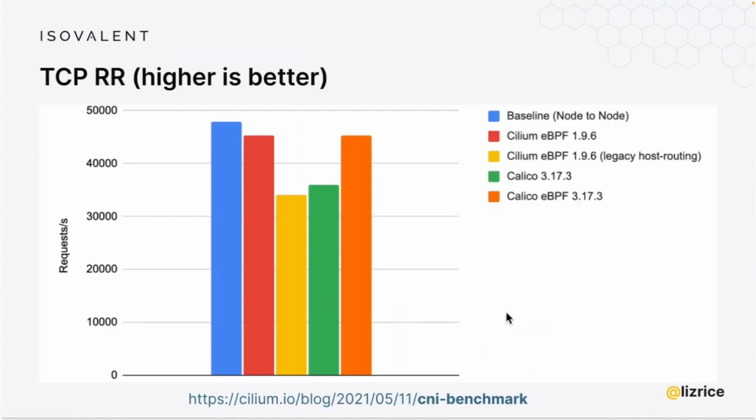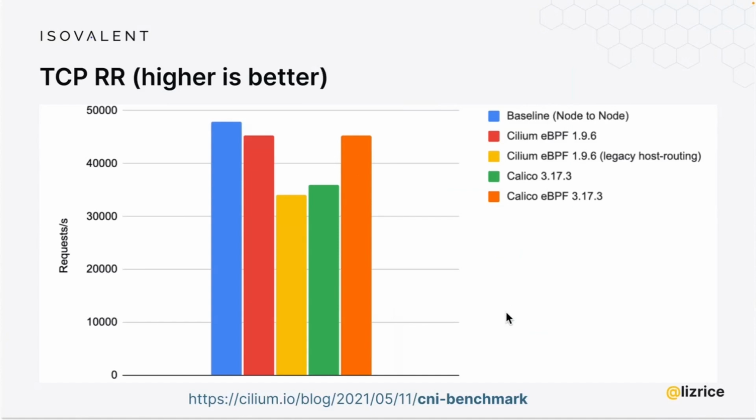And this achieves real results. Not just Cilium, but other implementations of eBPF as well are demonstrably significantly faster. So in this example, we can see that if there was no container networking at all, that's the blue line on the left, the eBPF implementations from both Cilium and Calico, this is taken from a couple of years ago, so it's probably even better now, but they're almost as fast as if there were no container networking at all.